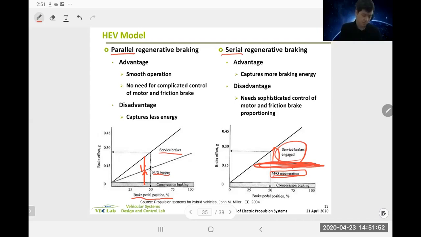But when you blend all the time, it's easier to control the service brake, and this boundary is not as abrupt as the serial approach.